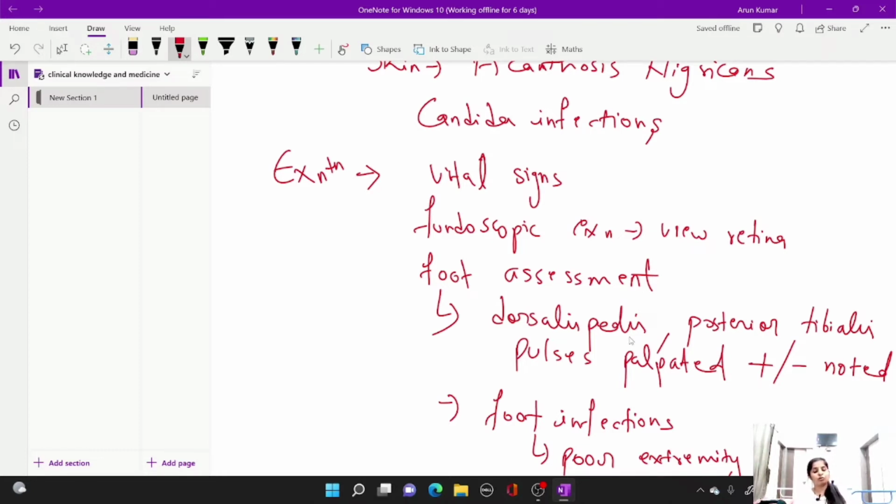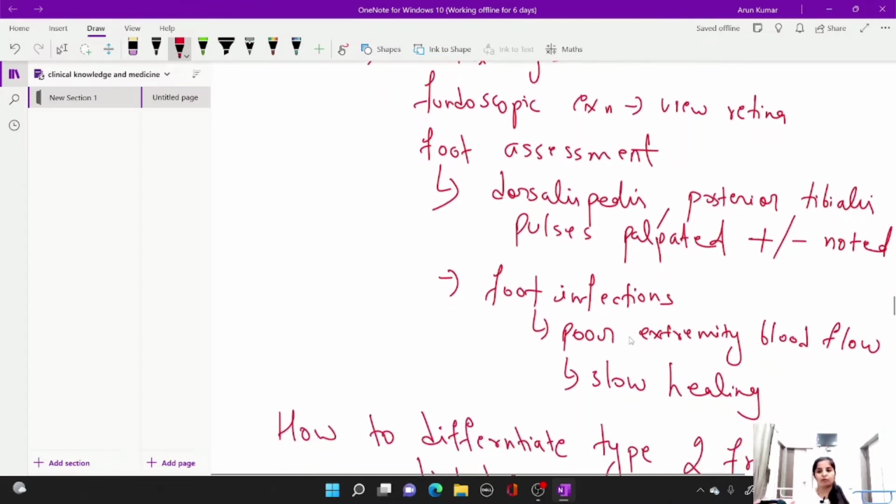Then we will also assess the foot. Foot assessment is also done, because in these diabetic patients, if any wound or abrasion is present anywhere on the body, the wound healing mechanism will be slow. And if there is foot infection, there will be poor extremity blood flow, and the healing will be slow.